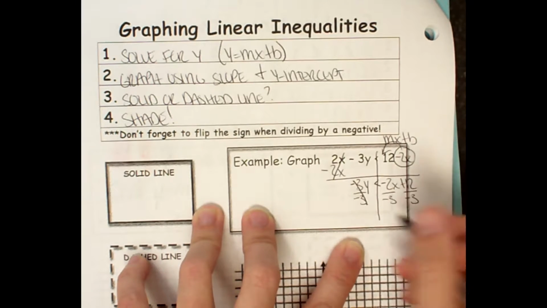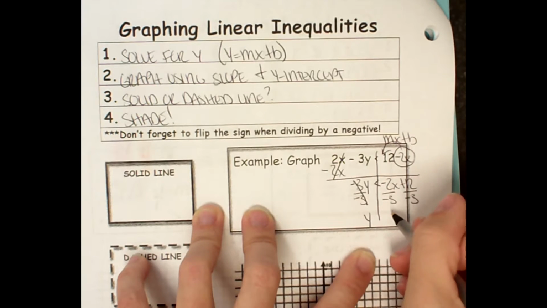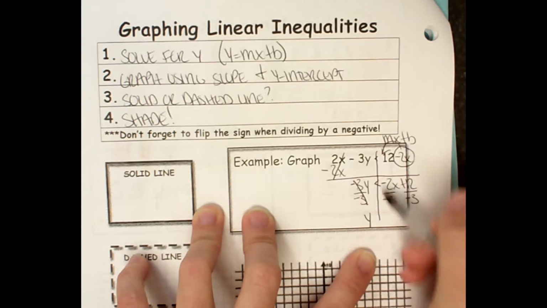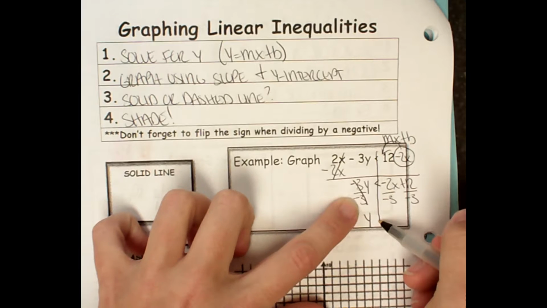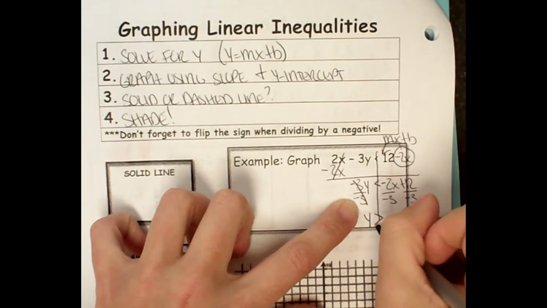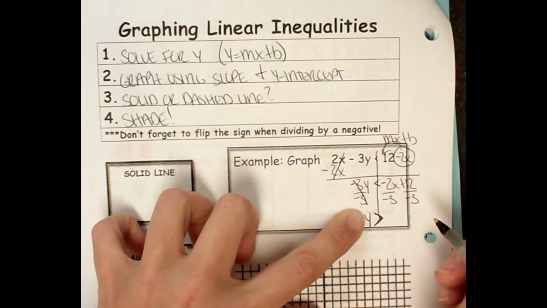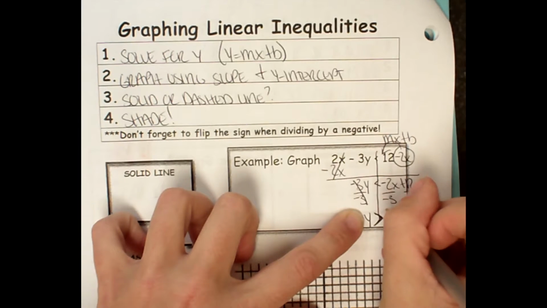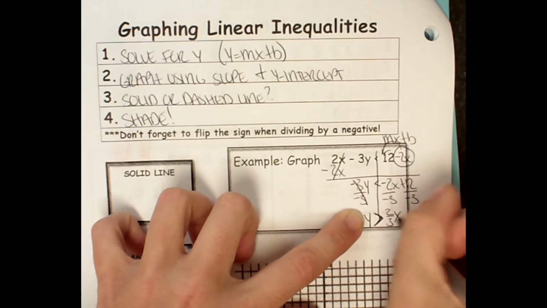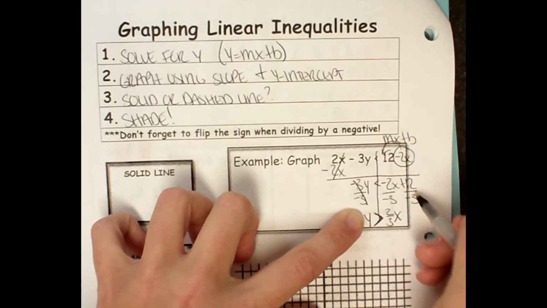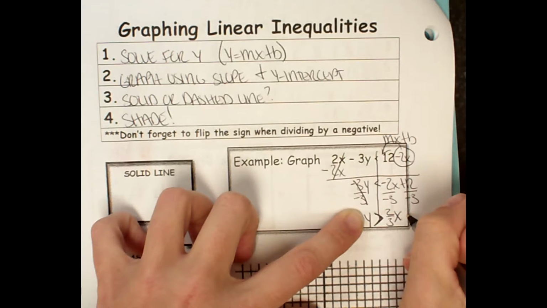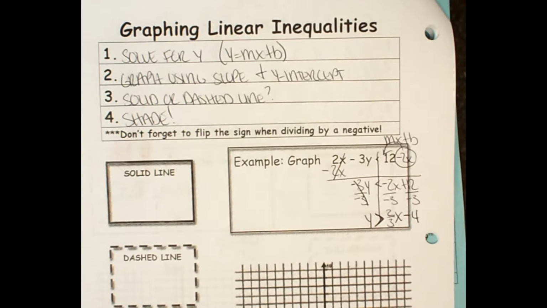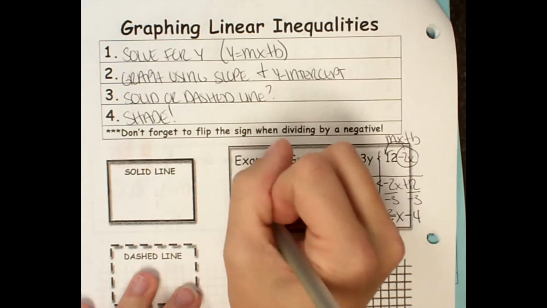Your negative 3's cancel out. Y, when you bring down your symbol, we divided by a negative. You need to make sure you remember to flip your sign. Negative 2 divided by negative 3 is a positive 2/3 x. 12 divided by negative 3 is a negative 4, so that means I have minus 4. So now I have my answer.